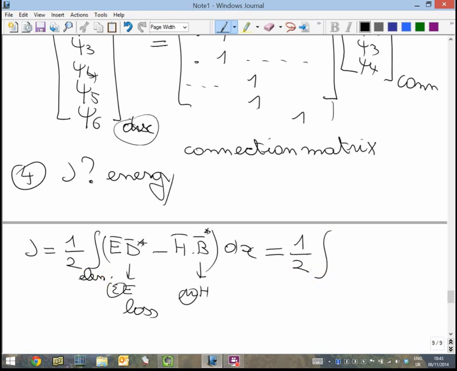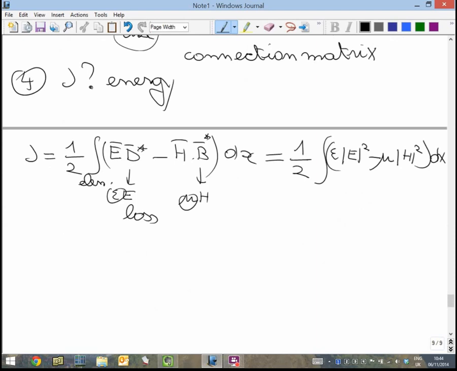In this case, we calculate the energy in the elements, 1/2 epsilon, the magnitude of E squared, and I've also gotten rid of the vectorial character here, minus mu, the modulus squared of H. So this is our expression for energy.